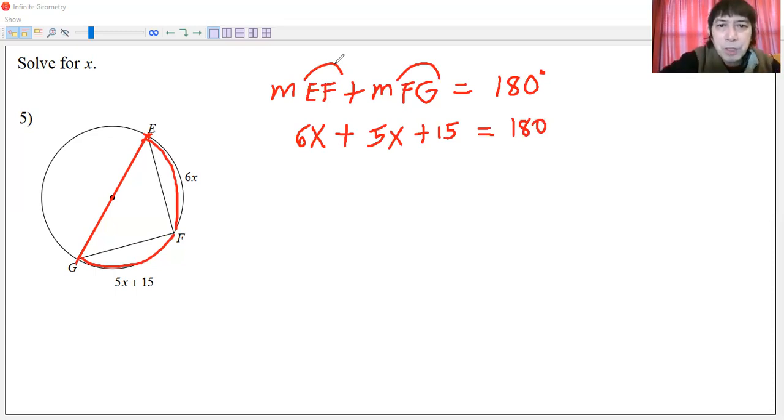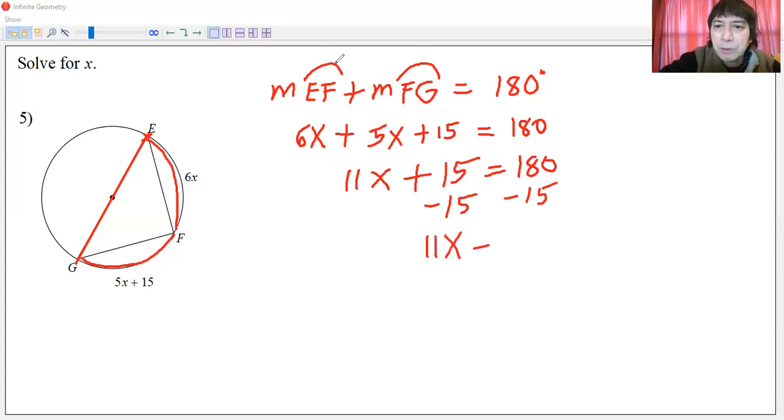All right, so 6x and 5x is 11x plus 15 is equal to 180. We subtract 15 from both sides. This gives us 11x equivalent to 165. There. Yes, 165. Then we divide this by 11.